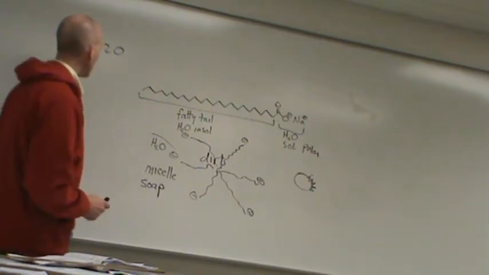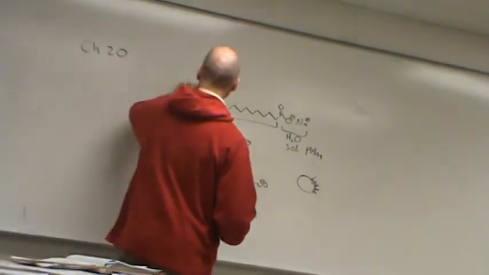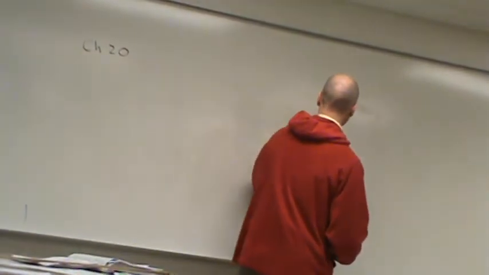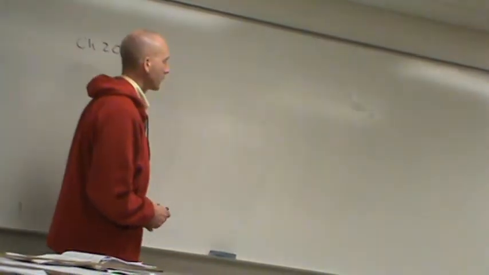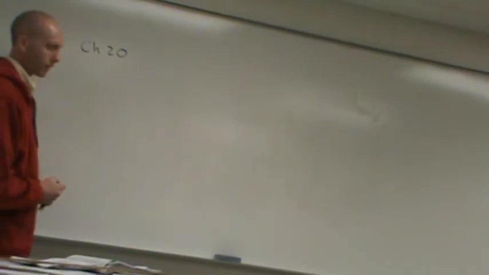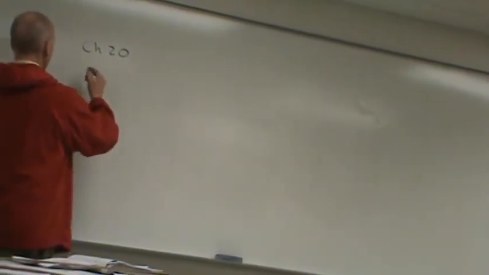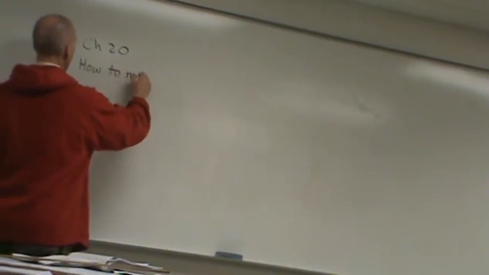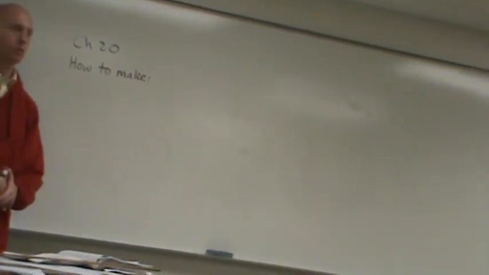All right, well, let's move on to our next topic. We're going to get into the chemistry of the chapter. And what we want to look at first is how to make carboxylic acids.